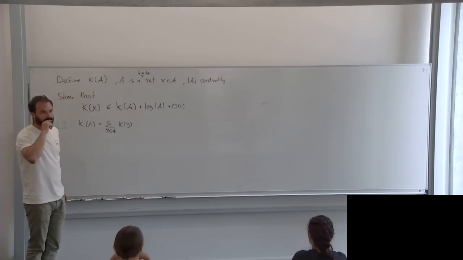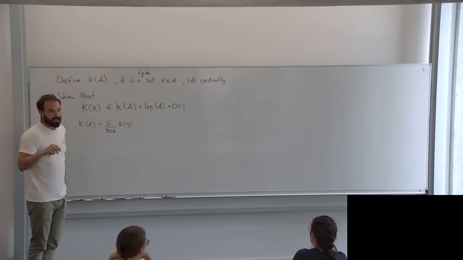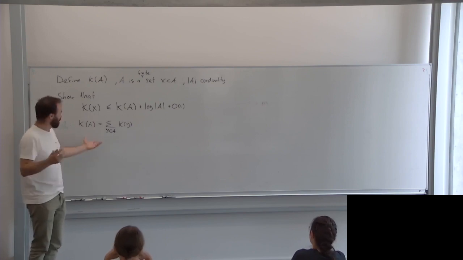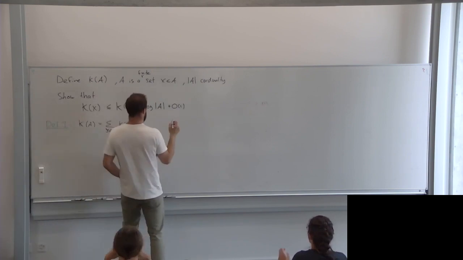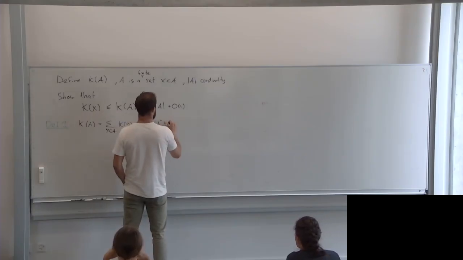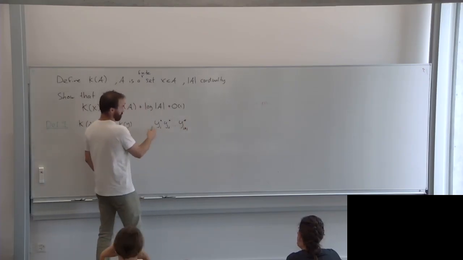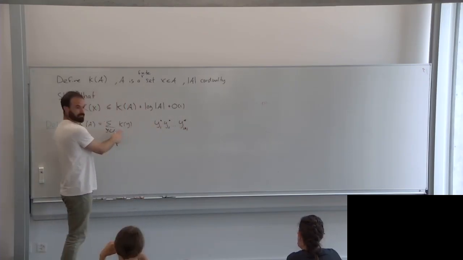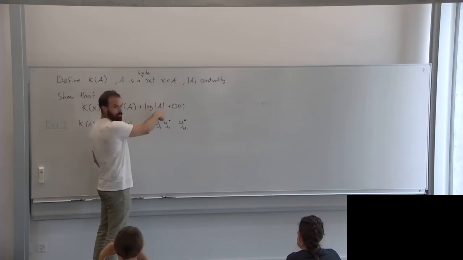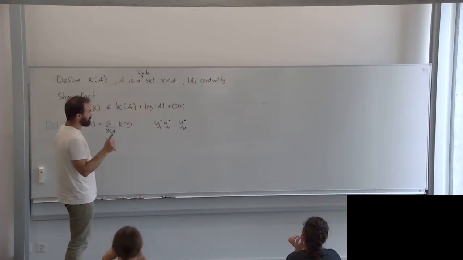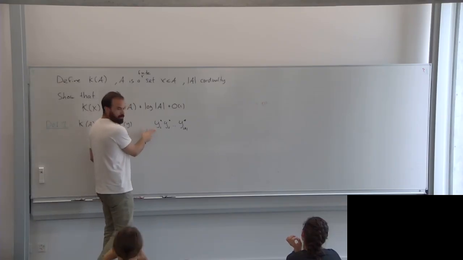You can construct a program that concatenates y1 star, y2 star, up to y cardinality of A star, and this has length precisely that. You run it, and you get y1, one of my elements, then y2, another element. So it's basically the length of that program.